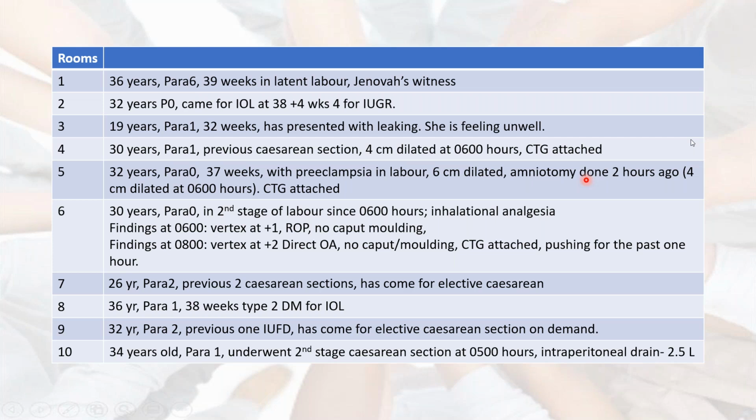So the first 1 minute is to just start your initial history and all those records, etc. Then there are 9 minutes for the rest of the station. The urgent rooms, you can take maybe 1.5 minutes, and the rest of the rooms half a minute each. That's how you divide it. So room number 10, tell me how you're going to say.